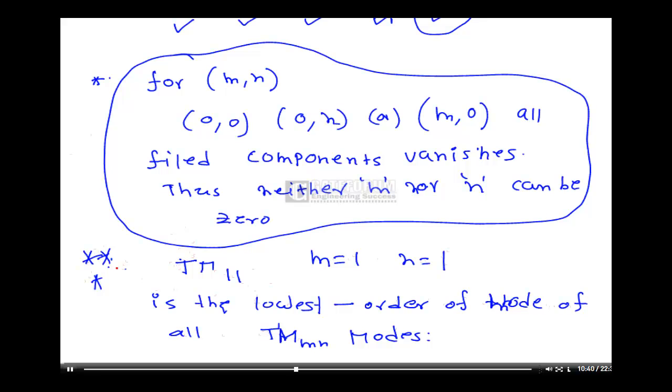So TM11 is the lowest order mode of all TMmn modes. So this is the first mode existing for TM waves on a rectangular waveguide.